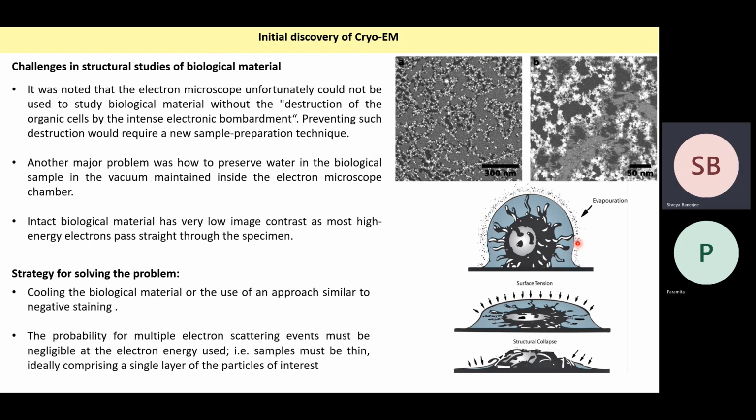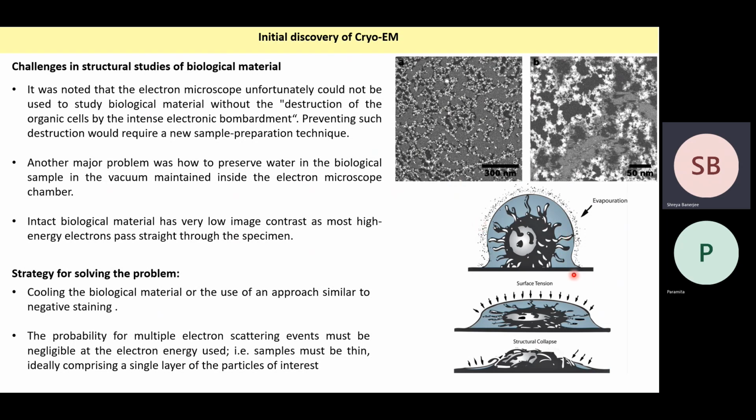In vacuum, this water will get evaporated and the structure of the protein will completely break down because the structure was maintained by interactions with the water. So when the water is taken away, the protein structure is completely destroyed. So a method needs to be taken such that the water is maintained even in the vacuum of the electron microscope chamber.